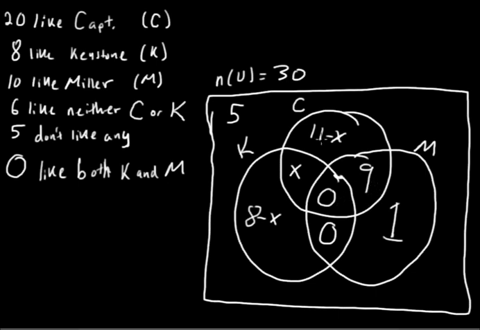So there must be 15 left in here, because these are the only spaces left that haven't been defined by a real number. So we can make these 3 things here all equal to 15.